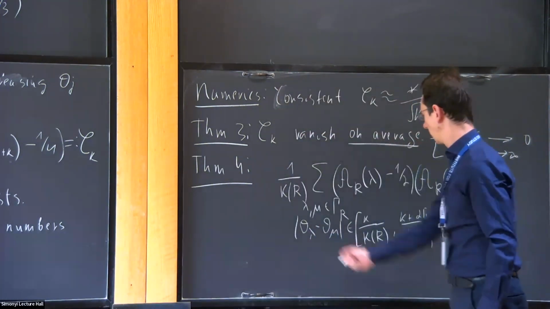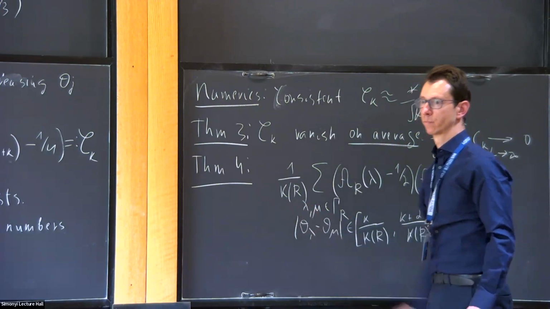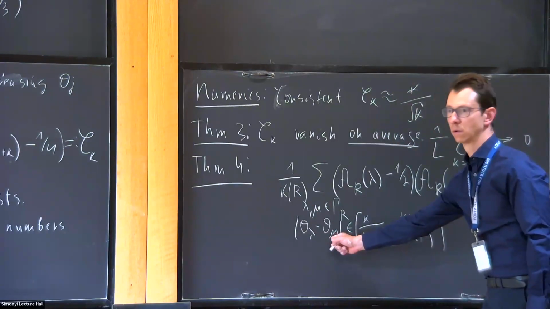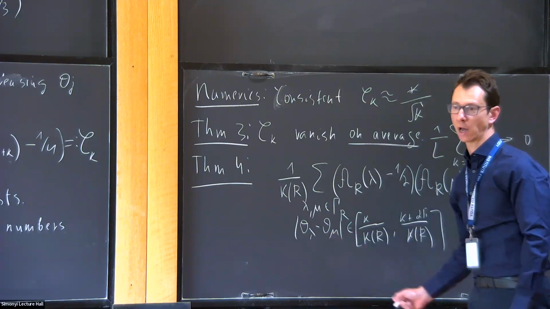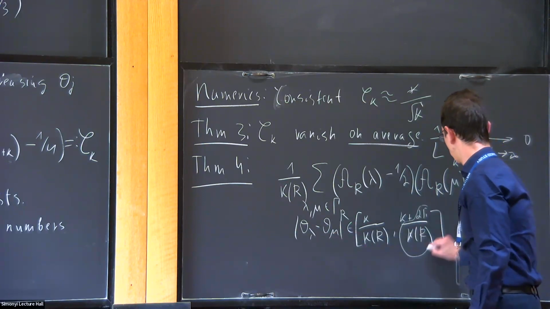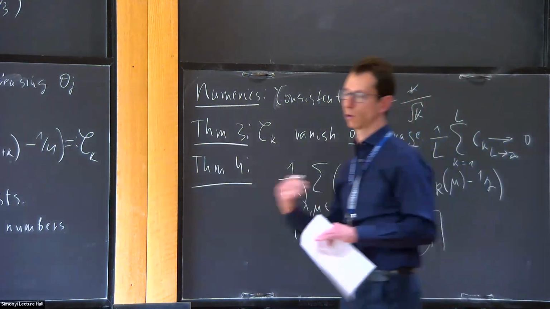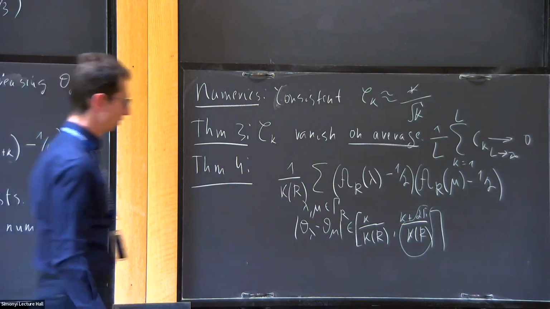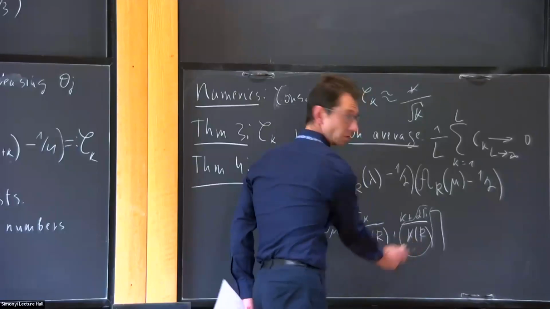Given a lambda, we expect precisely one mu that would lie in this distance in terms of angle, because the number of angles is K. So we expect the next one to be at distance 1 over K in terms of angle.